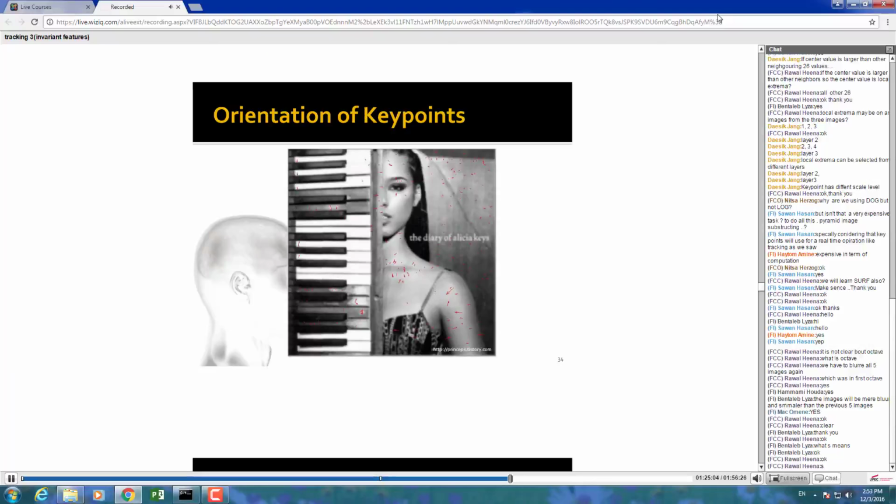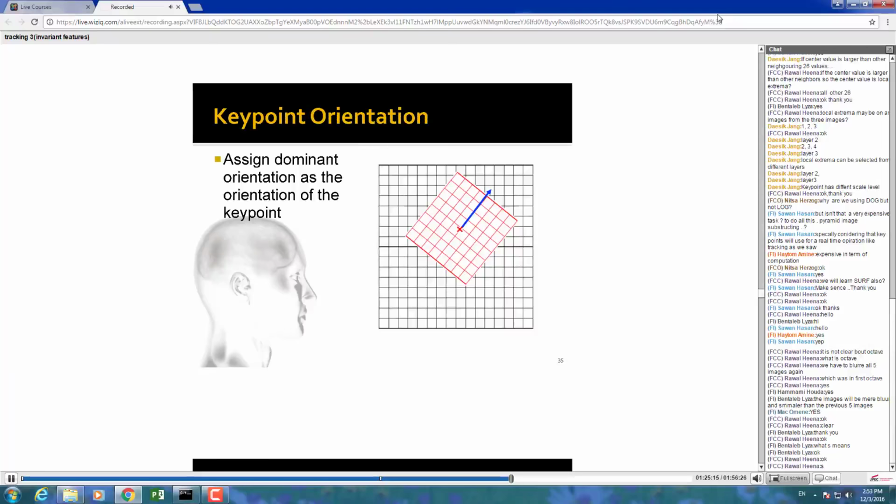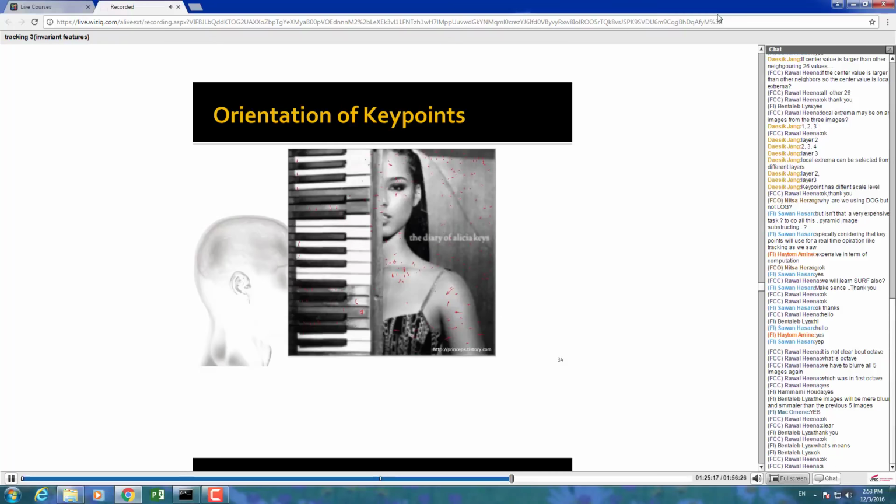So you have to remember that. This picture is showing an example of key points for the sample picture. We can see just a few, considering the number of pixels, right? We have just a few, like some hundreds of key points detected.